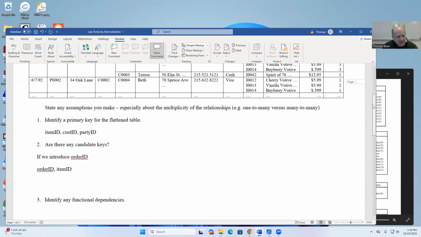So maybe keep item, keep customer, and replace party ID with date and host ID. So different possibilities here for primary keys. Let's just stick with what we got. Although I'm tempted to go with this order ID, I will stick with what we've got. Okay.